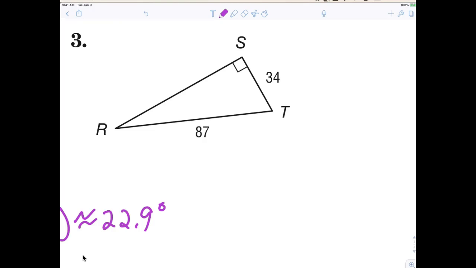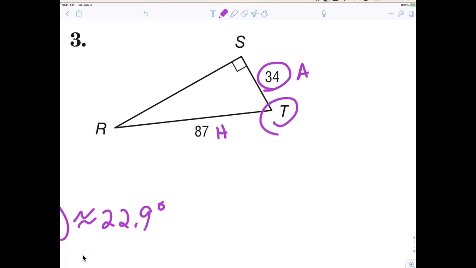All right, here we go. Angle T, I'm still solving for angle T. So what is 34? And what is 87? Hypotenuse. So what do we got? Cosine of T is equal to what? 34 over 87.